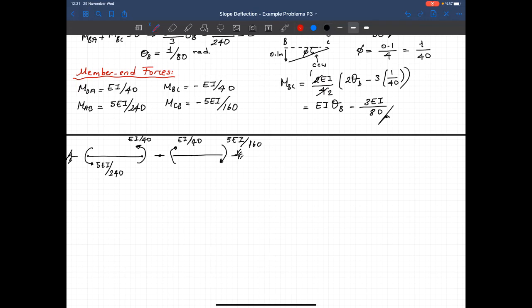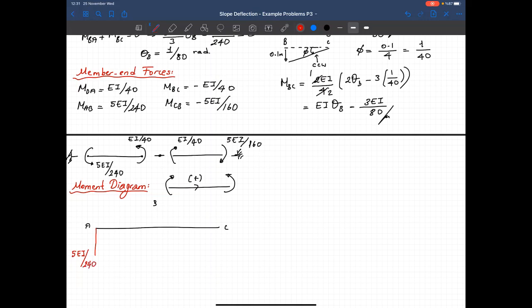Now let's draw the moment diagram. The sign convention is as follows. And the moment diagram for this member, point A, I have point B here and point C. So at this point I have a negative moment, magnitude is 5EI over 240.